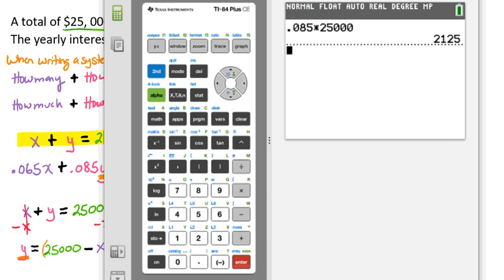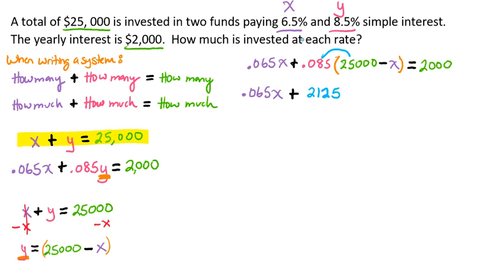I just plugged that into my calculator: 0.085 times 25,000. And then on this next one, we have a minus 0.085x, and then equals our 2,000. Then we combine our like terms. Here we have an x and here we have an x that can go together.